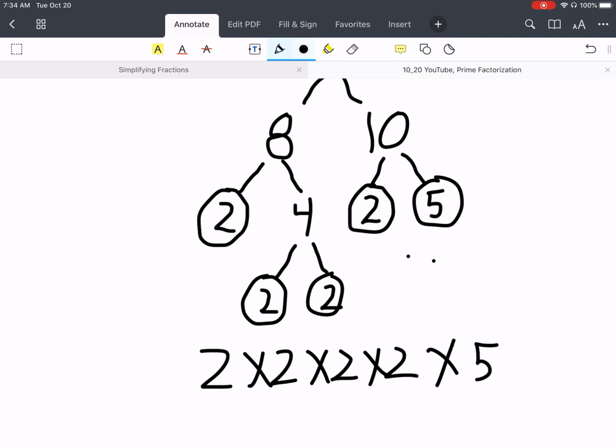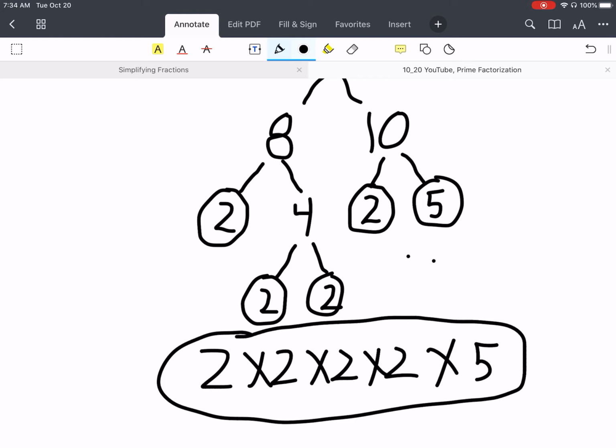So 2 times 2 times 2 times 2 times 5 would be the prime factorization for 80. So these factor trees are pretty simple.